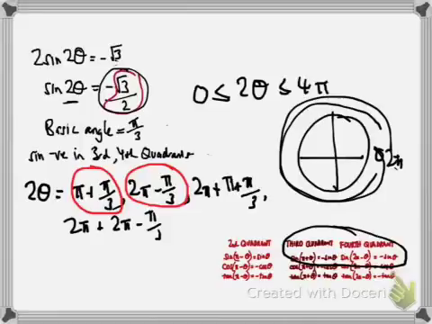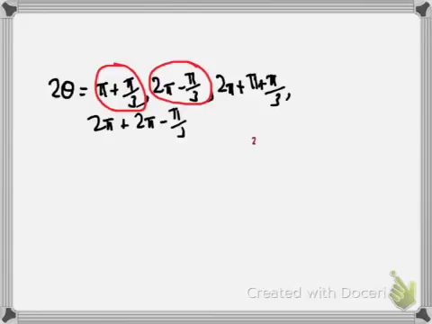Okay, so let's look at our next step. Back to black pen. 2 theta equals pi plus pi on 3, which is 4 pi on 3. 2 pi minus pi on 3 is 6 pi on 3 minus pi on 3, which is 5 pi on 3.